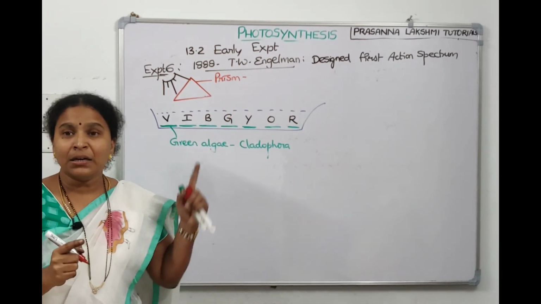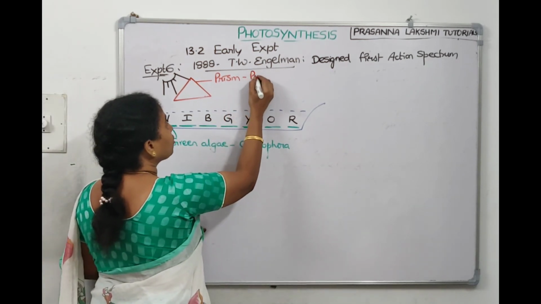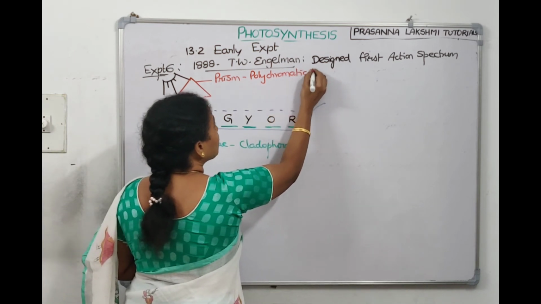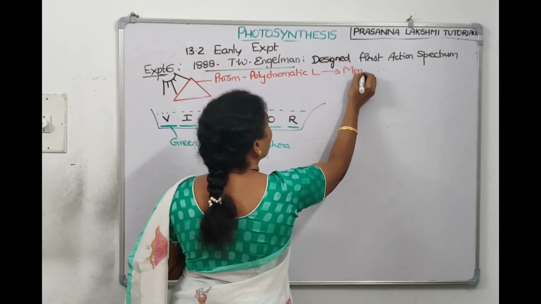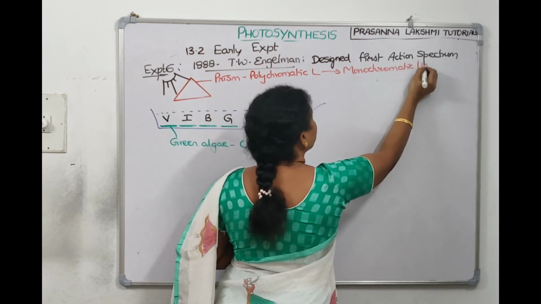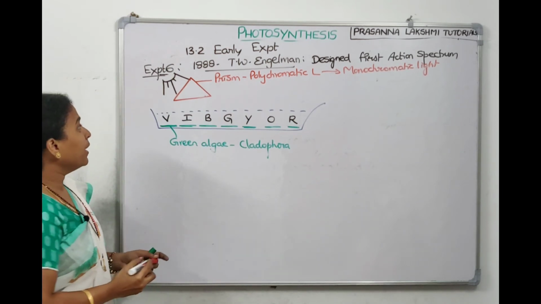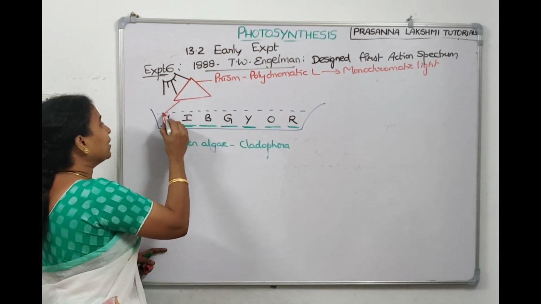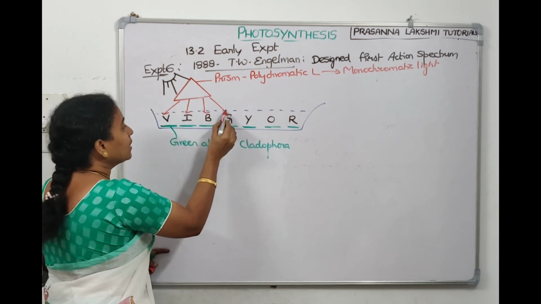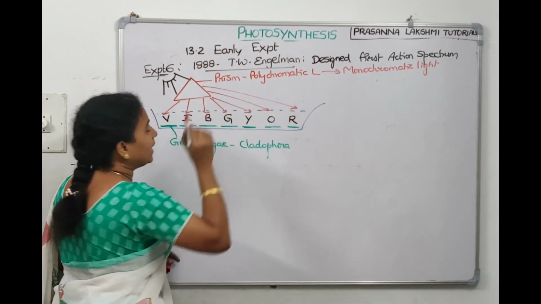The prism will convert the polychromatic light into monochromatic light. It splits the light into individual wavelengths. It has split into violet light, indigo light, blue light, green light, yellow light, orange light and red light.